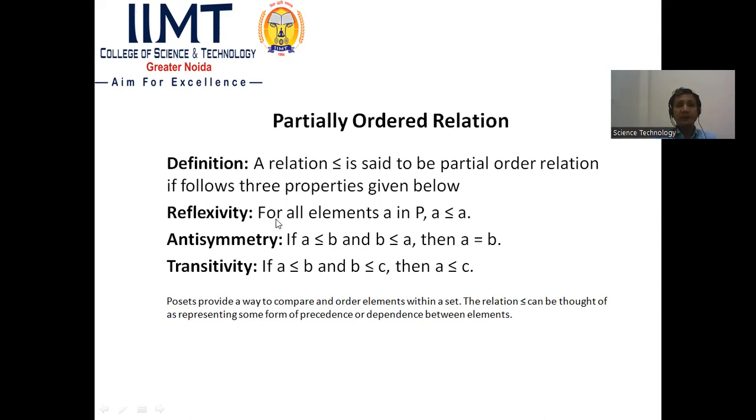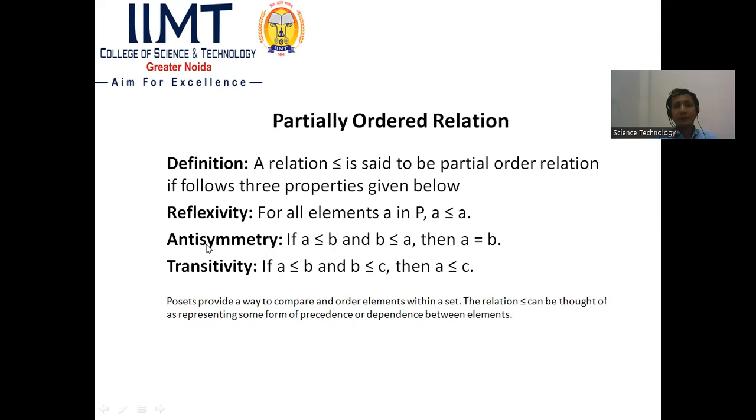Reflexivity means for each element A in a set P, A is less than or equal to A. Here, this less than or equal to means a relation. So A is related to A. So reflexivity means every element is related to itself.